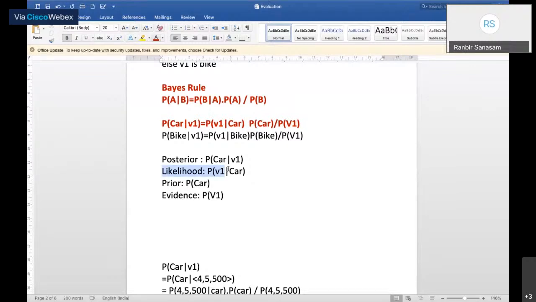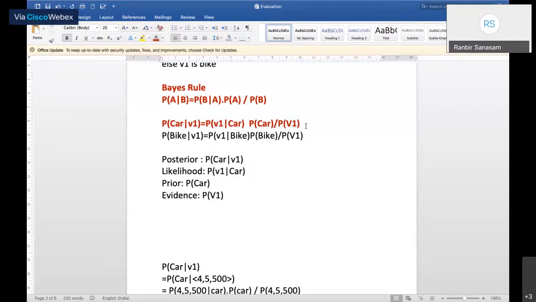Then you have the probability of car, which is the prior. That means if you randomly close your eyes and pick up a vehicle, how likely are you to pick a car? That is the prior probability. Then in the denominator you have the probability of getting the vehicle, which is the evidence.